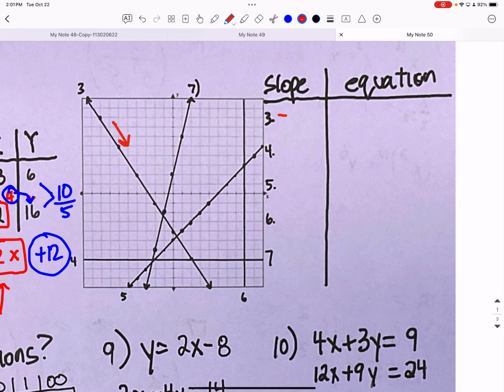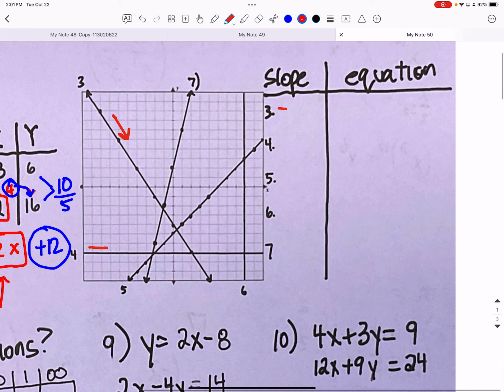That's line 3. Line 4 is this one doing nothing. He's a do nothing. Line 5 is this one going up. So that's positive. You don't have to write positive, but just so I know I've done it. Line 6 is the stuck in time. We don't even know if that's improving or not. That's undefined. And line 7 is this guy right here, and he's going up.